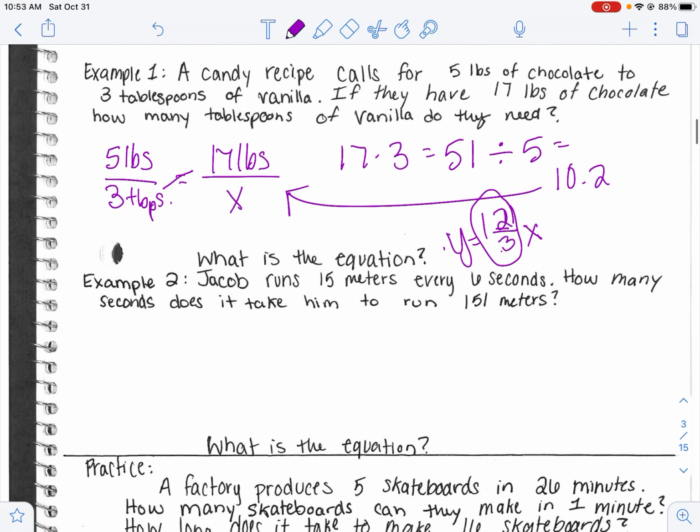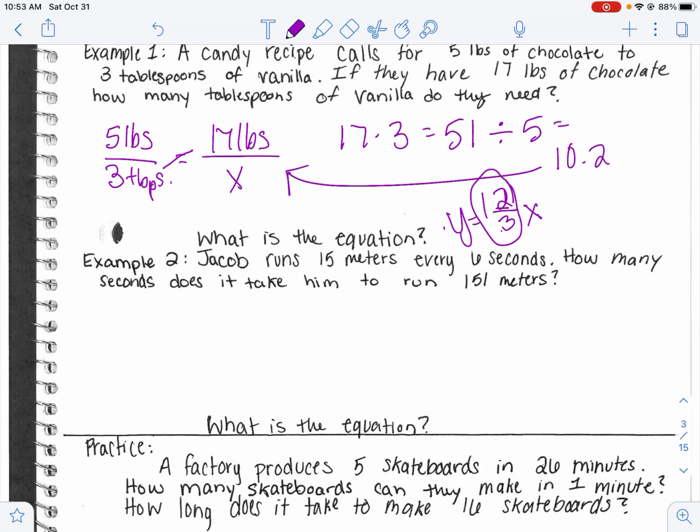For example 2, it says Jacob runs 15 meters every 6 seconds. How many seconds does it take him to run 151 meters? Okay, so we're going to set up another butterfly. 15 meters takes him 6 seconds. So how long does it take him to go 151 meters?